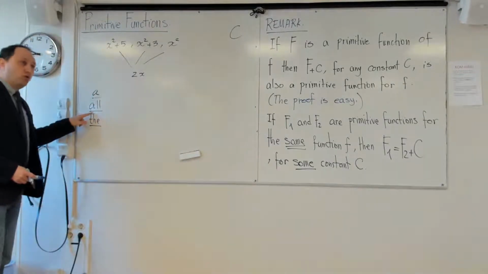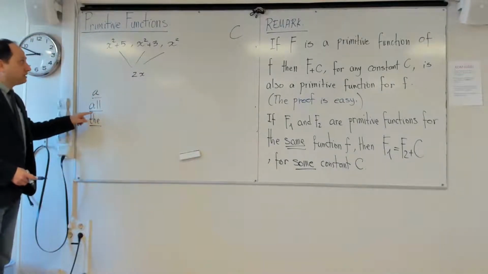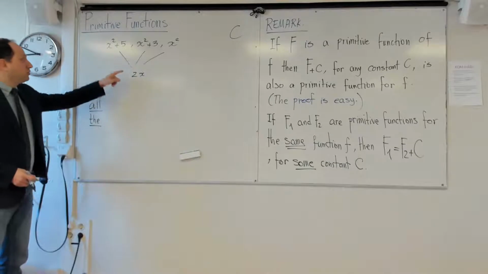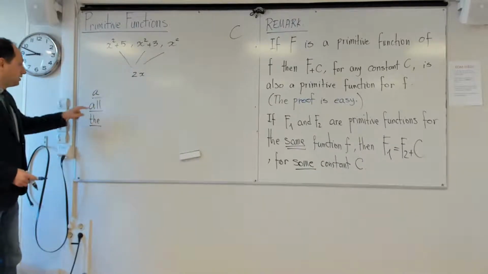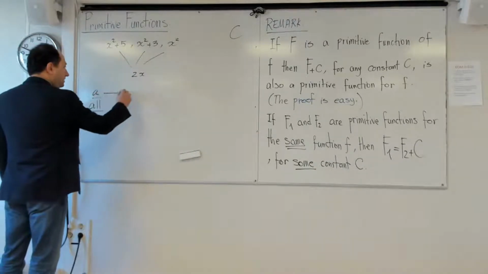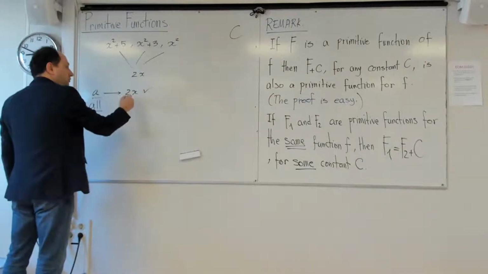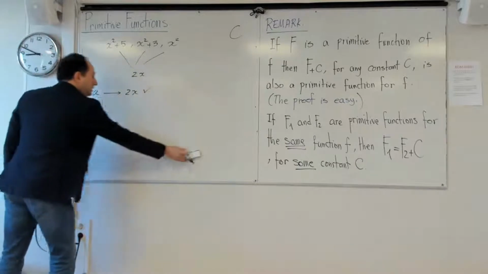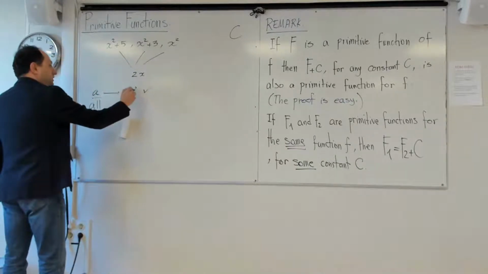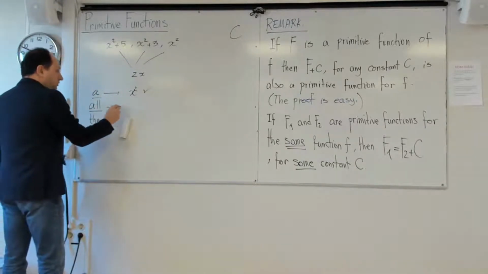And if we say all, okay, all primitive functions, how should you answer this question when I say all? For a, 2x is good enough. Each one of them is enough, but I prefer to write x squared. But if I write all, what do you think I should write?